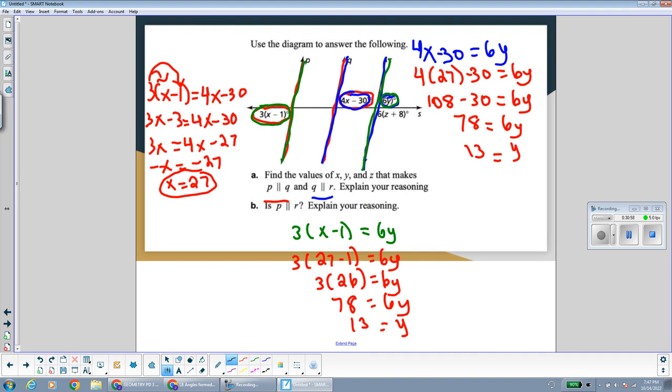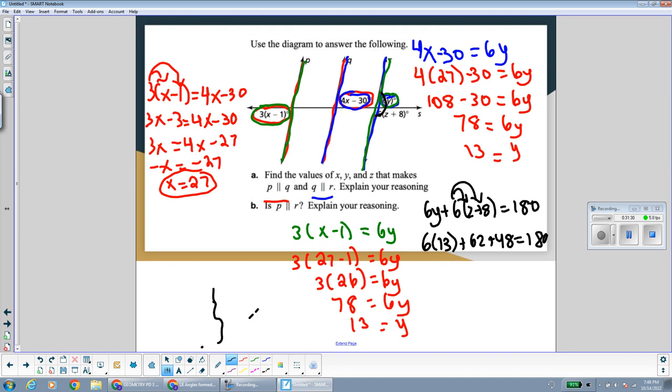To find the value of z, I know that these two are supplementary. So I'm just going to set up an equation that adds them together and equals 180. We know that y is 13, so I'm going to plug that in for y. I'm going to distribute the 6. Combine our like terms. 6 times 13 plus 48 is 126.